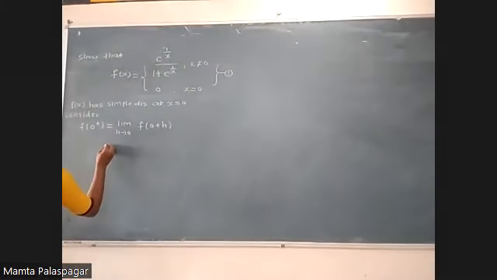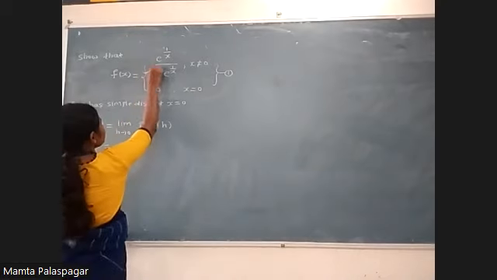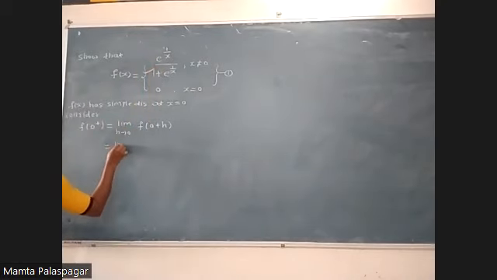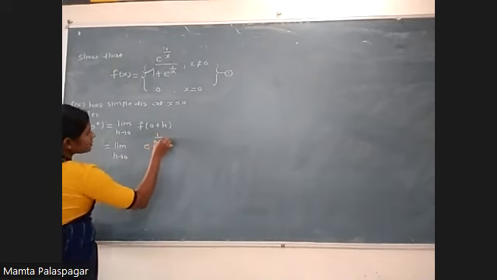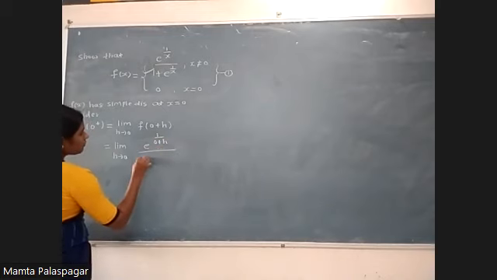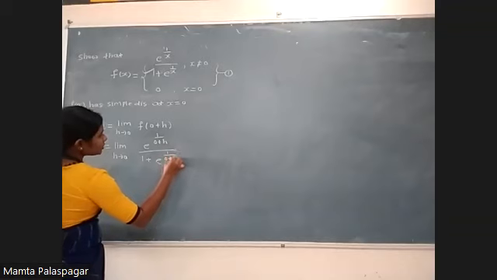So let's see what happened. Just replace the variable x by 0 plus h in equation 1. So this function f of x converts to the limit h tending to 0 of e to the power 1 upon 0 plus h upon 1 plus e to the power 1 upon 0 plus h.